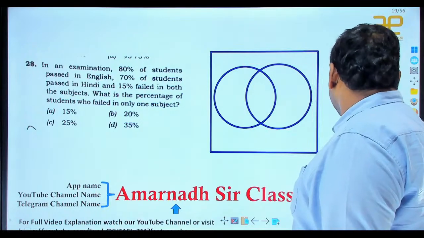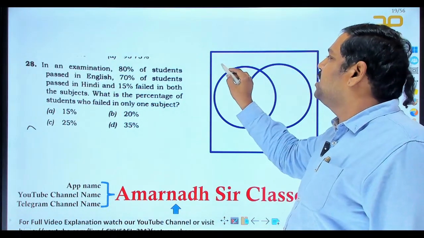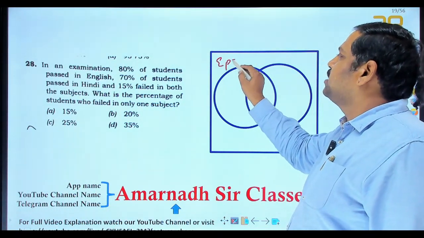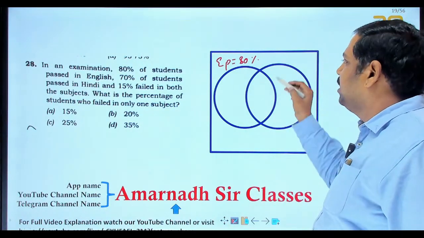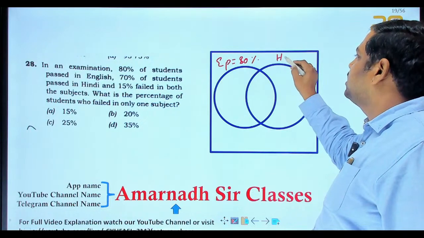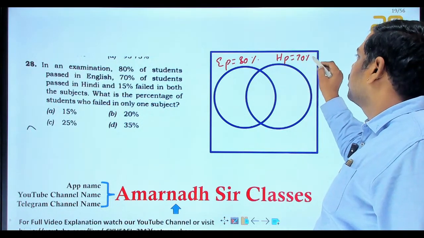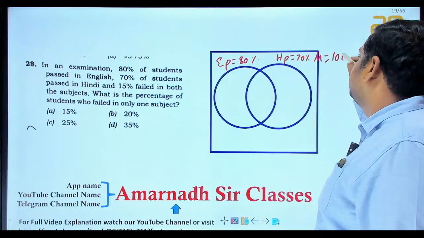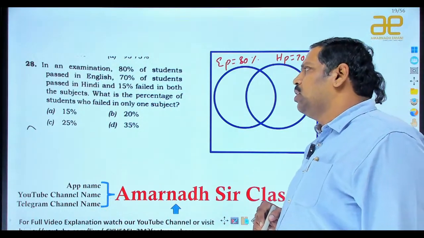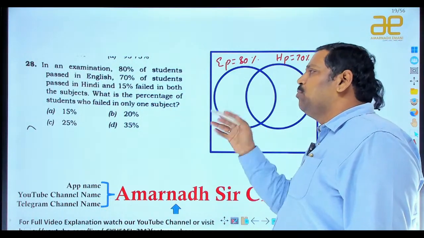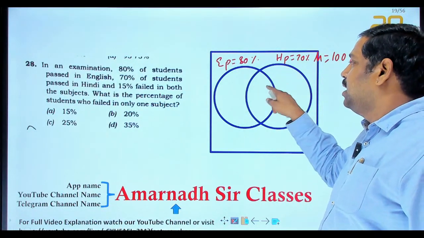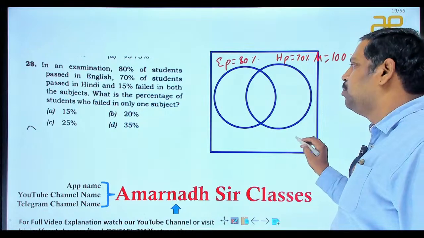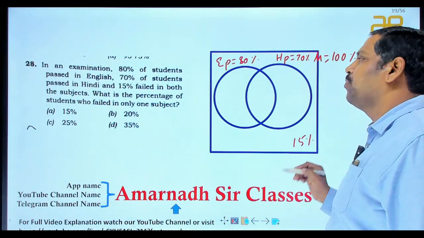English passed 80%. And 70% of the students passed in Hindi. These are Hindi passed 70%. Mu is total 100%, since it is in terms of percentage. And 15% failed in both. So these people passed English, these people passed Hindi, these people passed both, but these people failed both. How much is it? 15%.